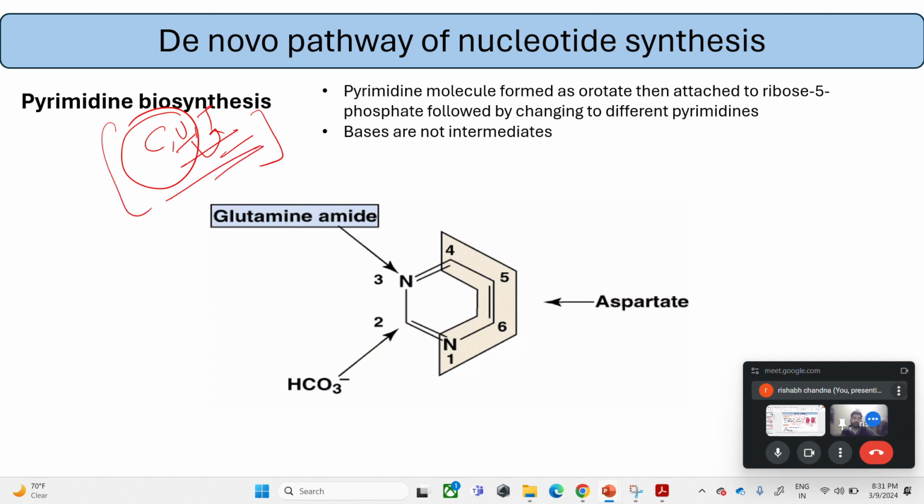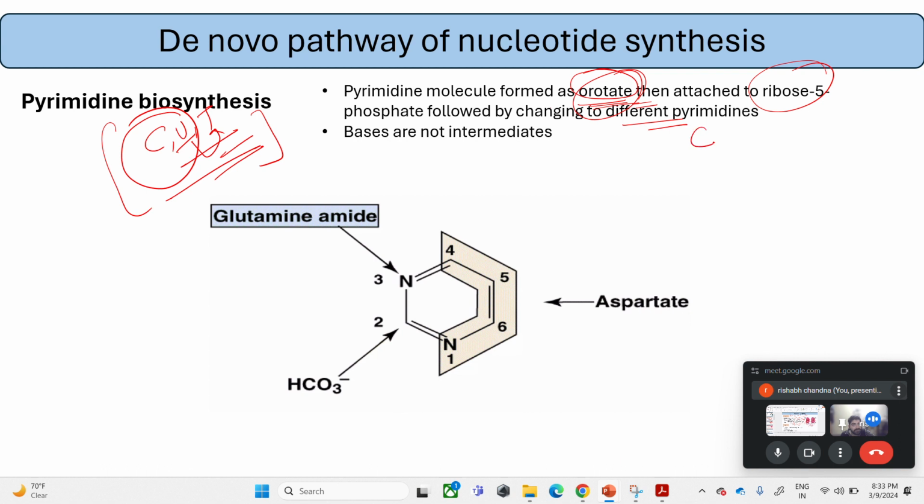The pyrimidine base attached to the phosphate group is called orotate, and this orotate is further attached to ribose 5-phosphate, followed by changing to different pyrimidines.